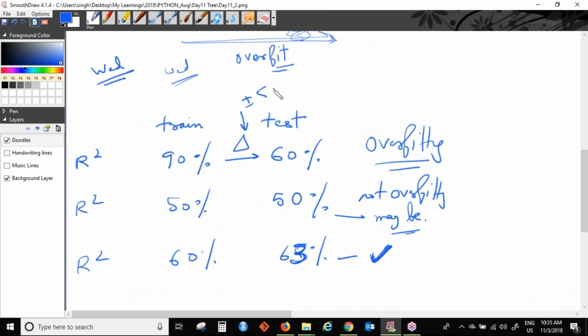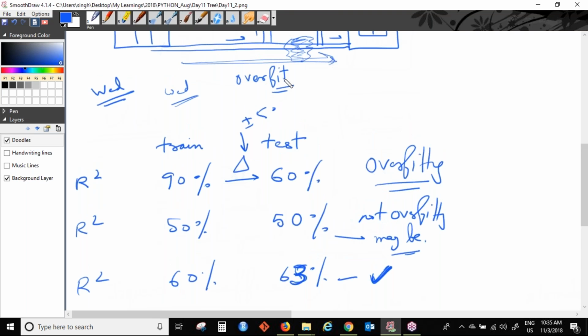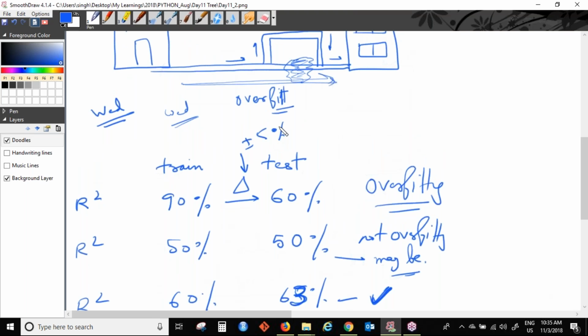Plus minus 5% is okay, because you have different data in test and train, so obviously you will not get the exact number. If you have 90% in train, you will not get exactly 90% in test. Plus minus 5% is okay.